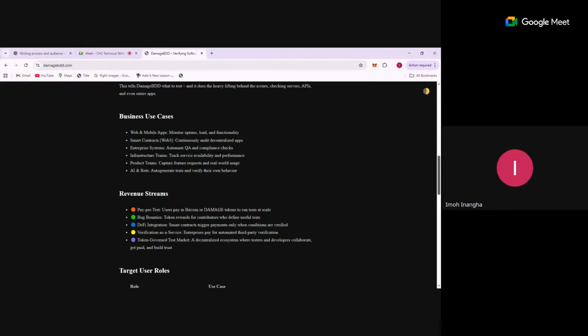Most of these things are not available for now. What is available is the test case of your software and your APIs.